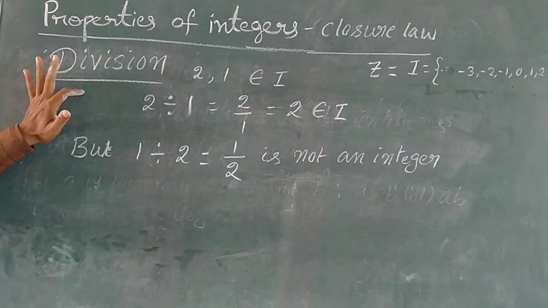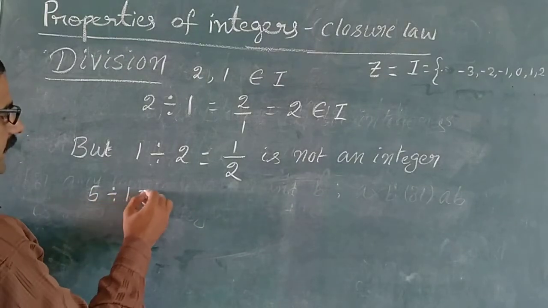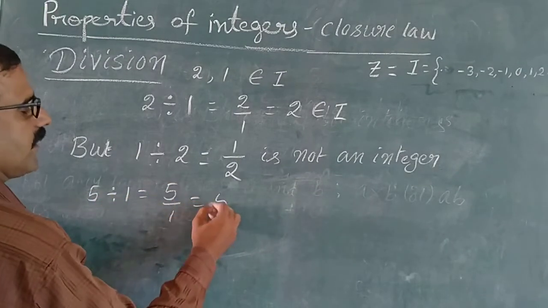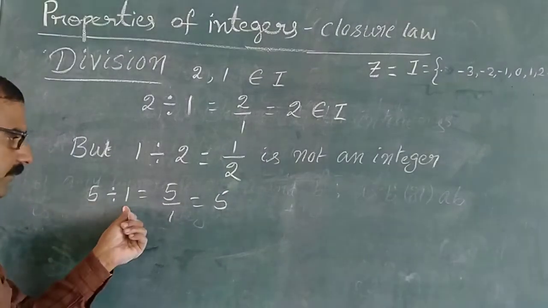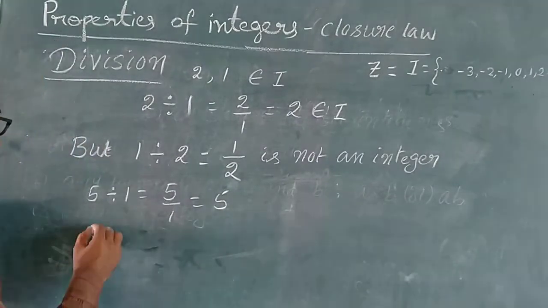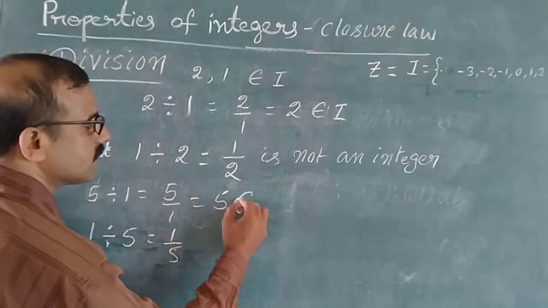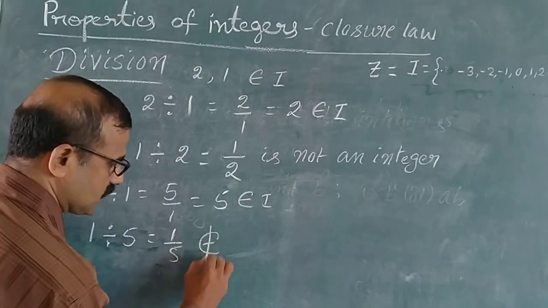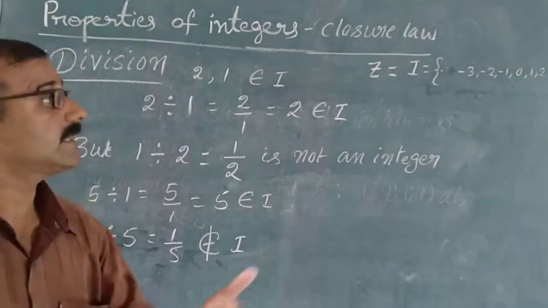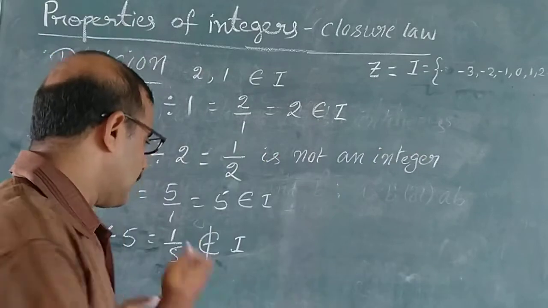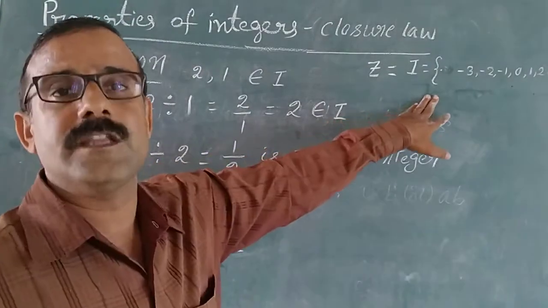Okay children, you understood well. Suppose 5 divided by 1 equals 5 by 1, which equals 5. So 5 is an integer, 1 is an integer, and the division of 5 divided by 1, 5, is also an integer. But when we write 1 divided by 5, that equals 1 by 5, which does not belong to I. It is not an element in the set of integers.